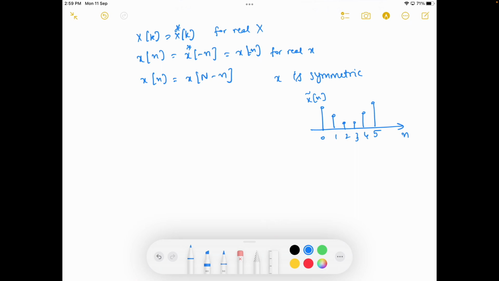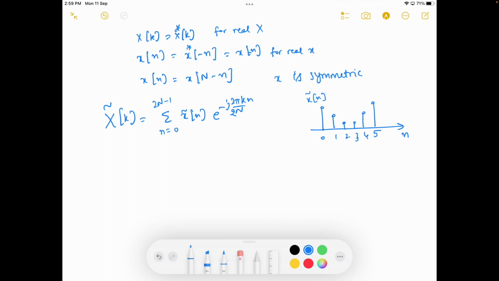If you take its DFT, the formula will look like this. Let's say my x tilde k is equal to summation x tilde n e to the power minus j 2 pi k n upon 2N, where n goes from 0 to 2N minus 1.